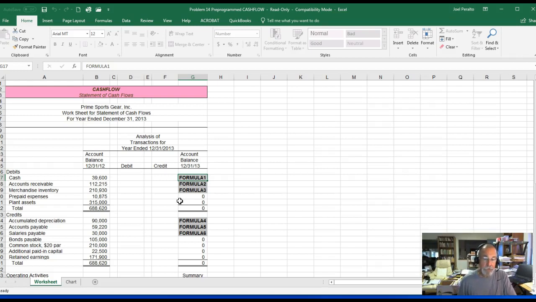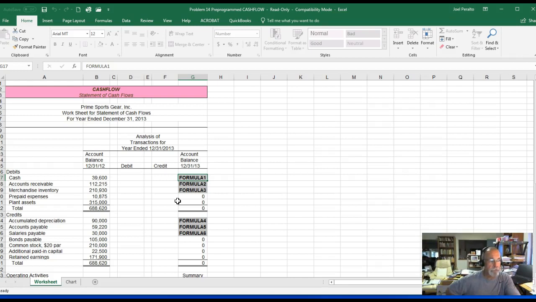We're using the indirect method. Now, for those of you who have already taken Accounting 201, you should know that we have two different methods for presenting the statement of cash flows. One is a direct method, which I personally prefer.